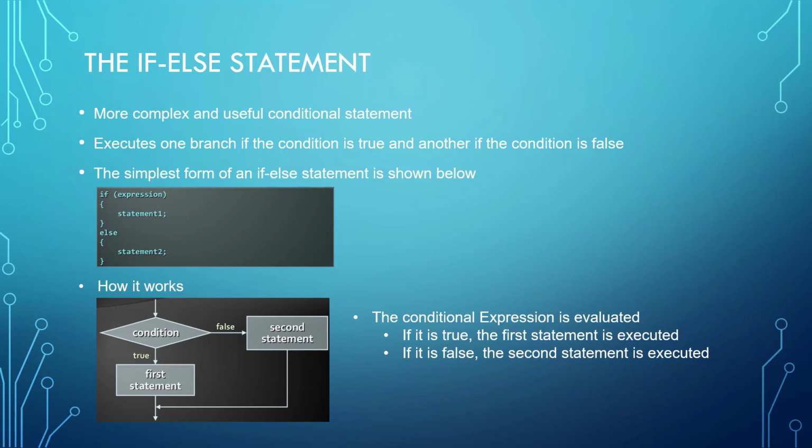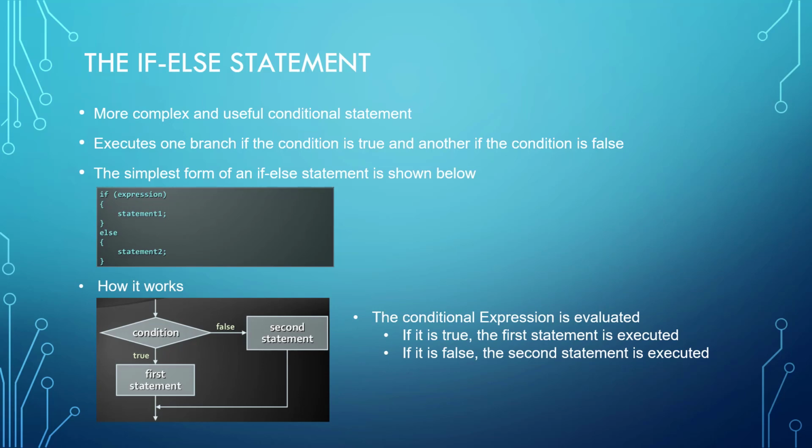So the if else says, okay, I'm going to evaluate the expression in the if statement. If that expression evaluates to true, then I'll jump inside of the block of code associated with the if statement and execute that statement.